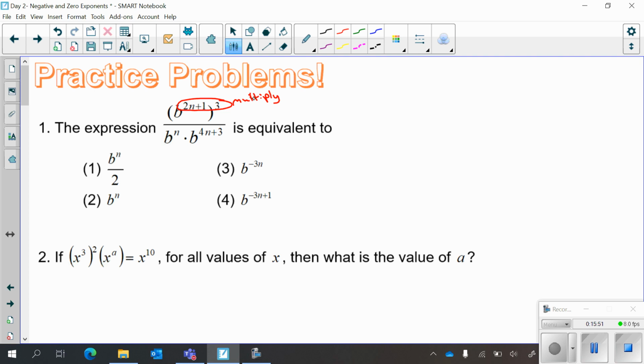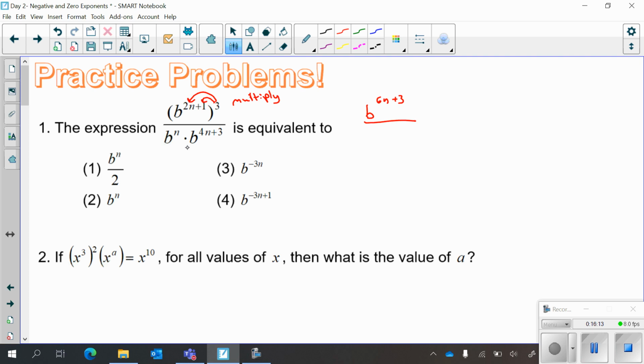If you have one base, that is the power to power rule. You multiply your exponents. So if you were to multiply your exponents and distribute the 3, you get b. 2n times 3 is 6n. 1 times 3 is 3.